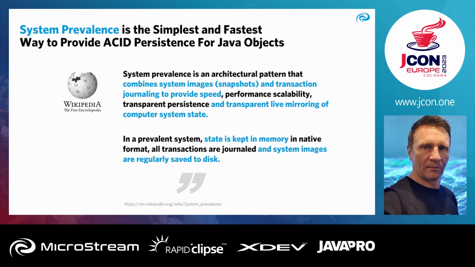Which means if you want to solve these problems, then you have to care for it on your own. And with Eclipse Store, we have solved these challenges with system prevalence, built a framework that you can now use easily for your own business applications.